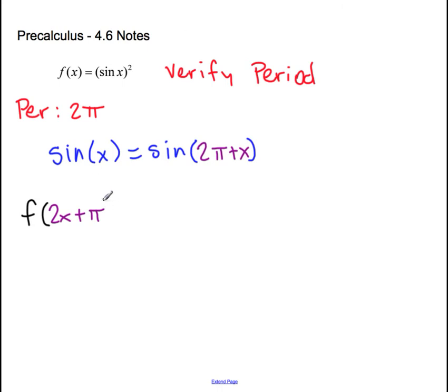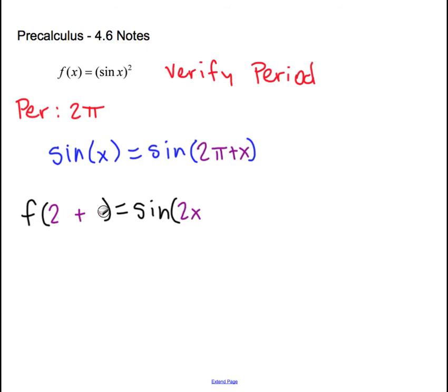And this is really interesting. It may take a little bit of time to sink in for you to understand exactly what's going on here. But what we're going to do is everywhere we see x, we're going to put in the 2 pi plus x. I didn't write that right.